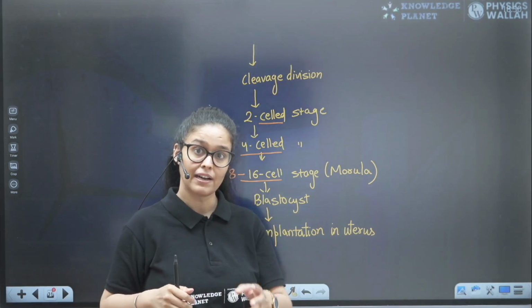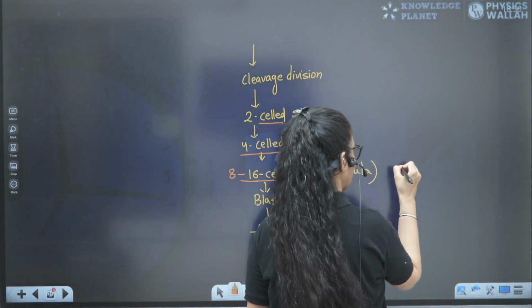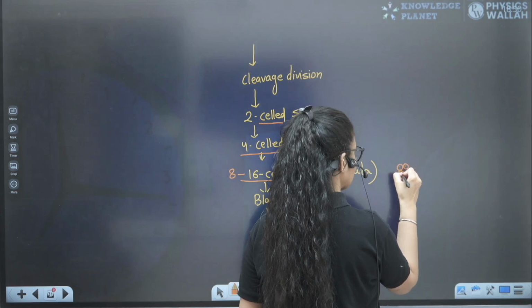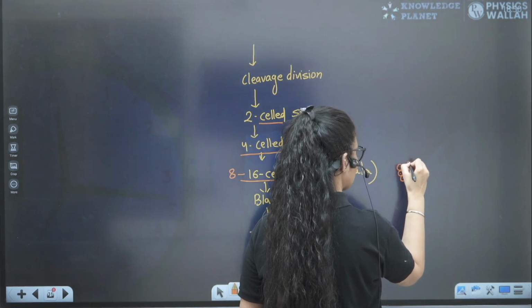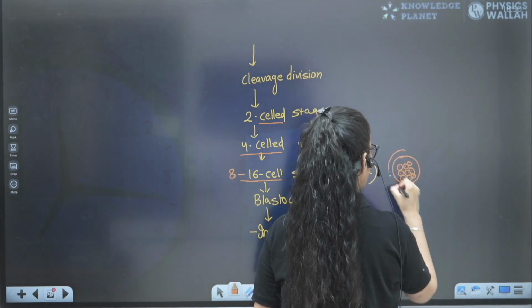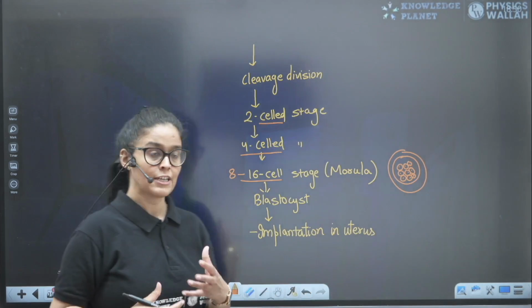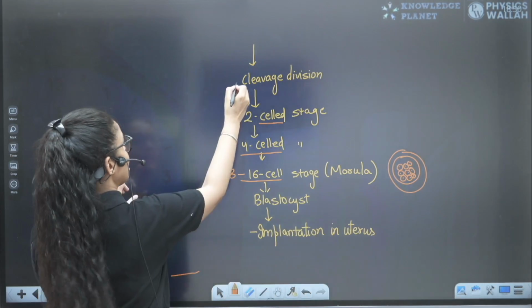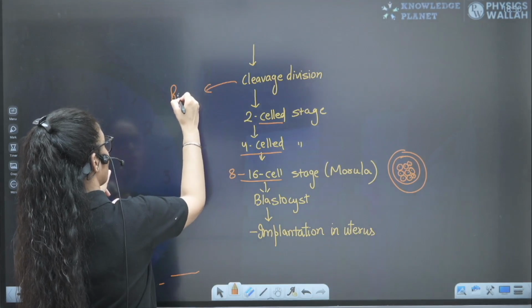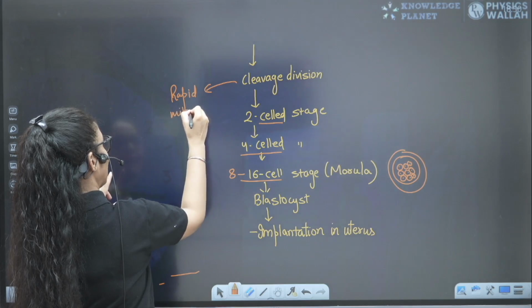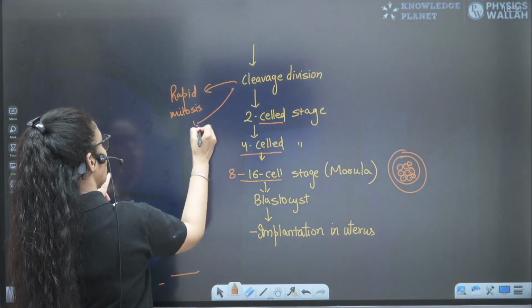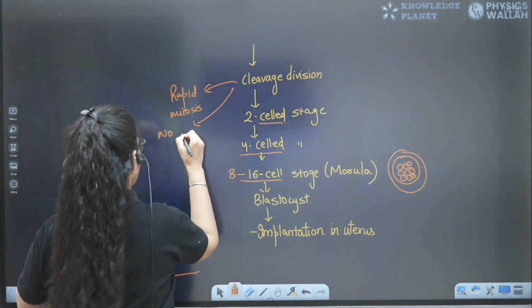Morula has 8 to 16 cell stage and they are very, very small in size because they don't undergo any growth. When we talk about cleavage, cleavage division means rapid mitotic division. It's not normal mitosis. It's rapid mitosis, and there is no growth phase, means no cytoplasm will be added.